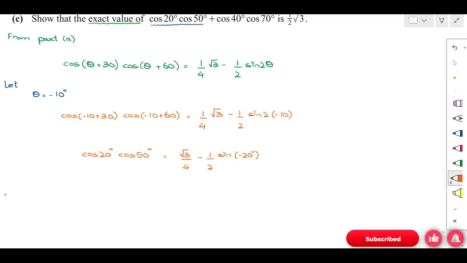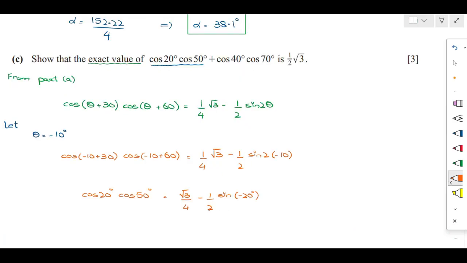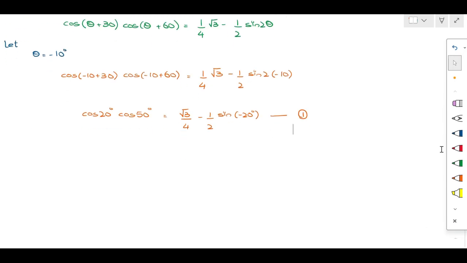So cos 20 cos 50 we have done with this. Name it equation 1. Now by using this again, how do we get 70 and 40? In 60 add 10 is 70, and 30 add 10 is 40. So we can say let theta equal 10 degrees.